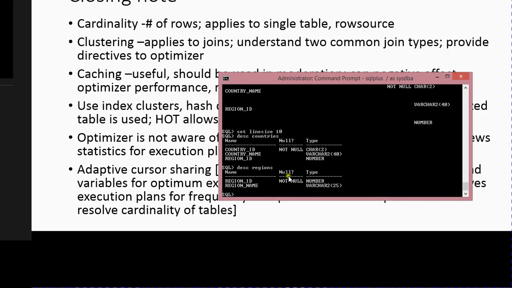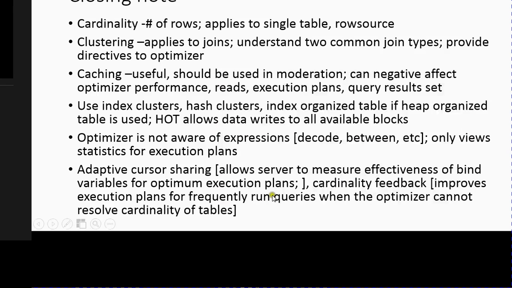It's definitely going to mention that cardinality feedback was used. But remember, the reason cardinality feedback is used is that the optimizer is not able to deduce the number of rows inside that table.